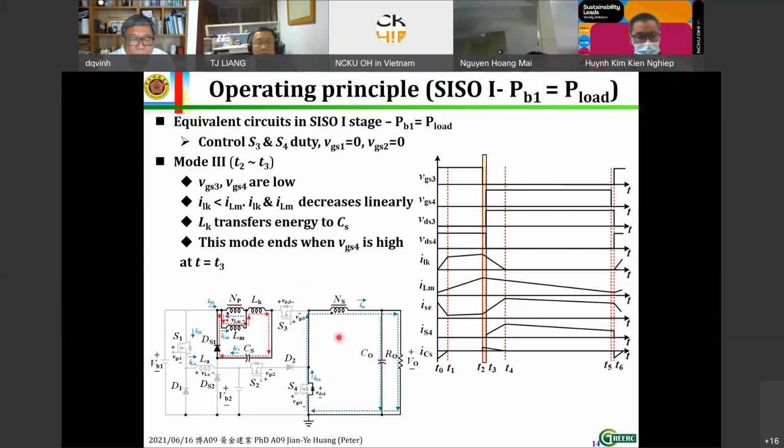In mode 3, VGS3 and VGS4 are low, so the anti-parallel diode of the switch S4 will turn on. The ILK is smaller than ILM, and ILK and ILM decrease linearly. The energy from LK will flow to CS. This mode ends when VGS4 becomes high at T equal to T3.